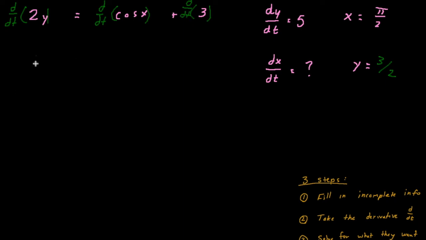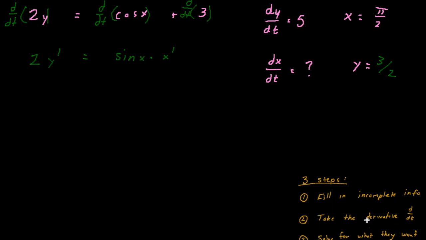The derivative of 2y would just be 2, but since y and t don't match, we'll also need y prime. Then the derivative of cosine x would be sine of x, but since this is x and t and they don't match, we'll also need times x prime. Then the derivative of a constant is just 0. That's part 2, where it says take the derivative d over dt.